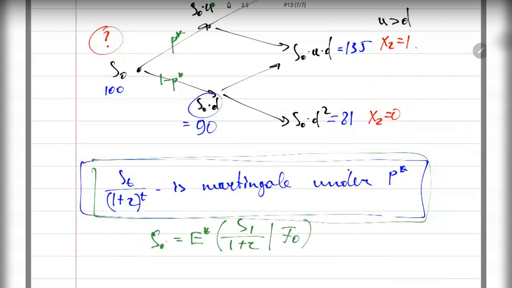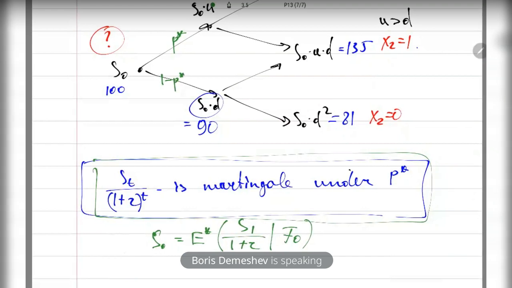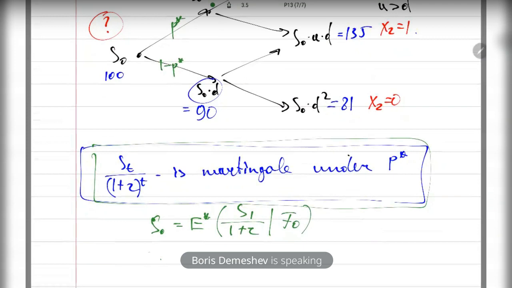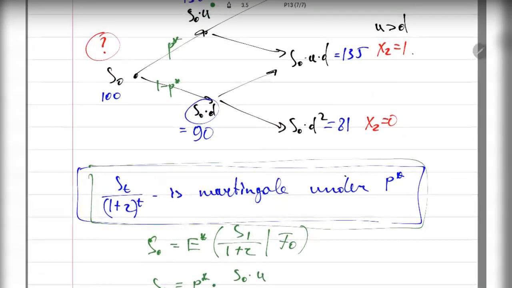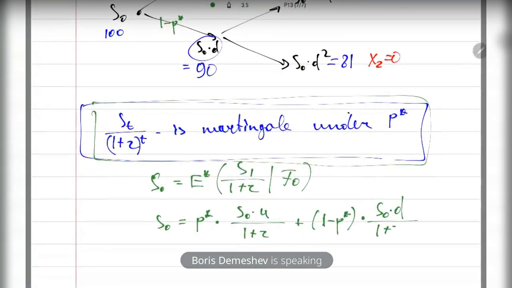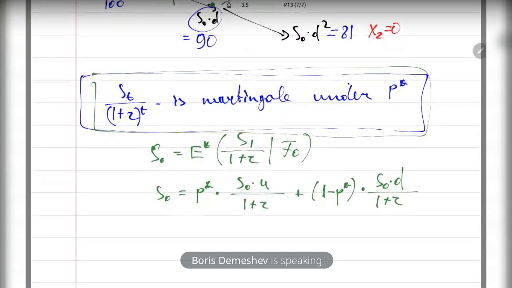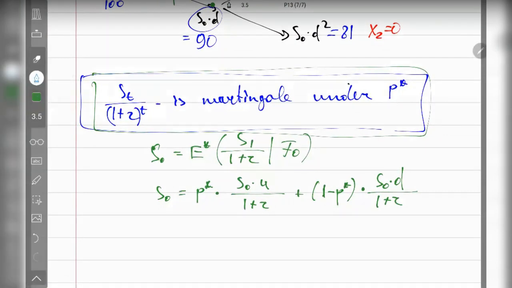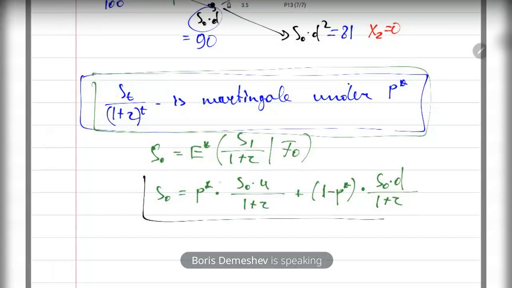S0 is P star times S0 times u over 1 plus r, plus 1 minus P star times S0 times d over 1 plus r. And I can get P star from this equation. That's an equation for a process to be a martingale.